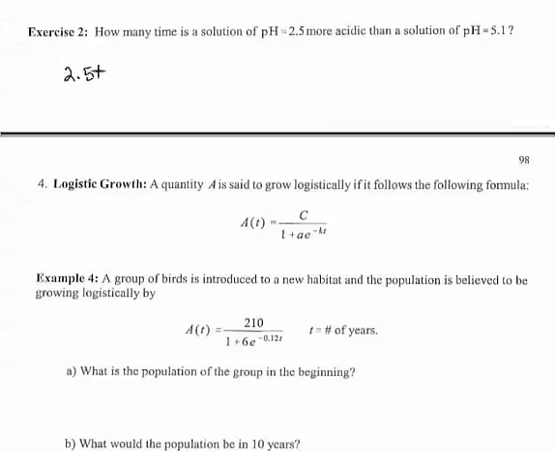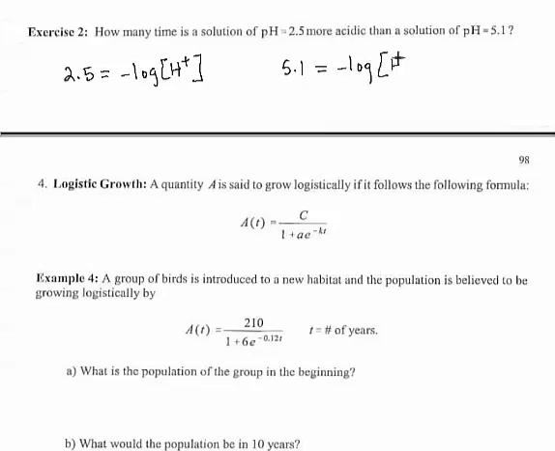So we write 2.5 equals negative log of the H plus concentration for the 2.5, and then again for the 5.1. These are both acidic, but one is more acidic. The 2.5 solution is more acidic than the 5.1.